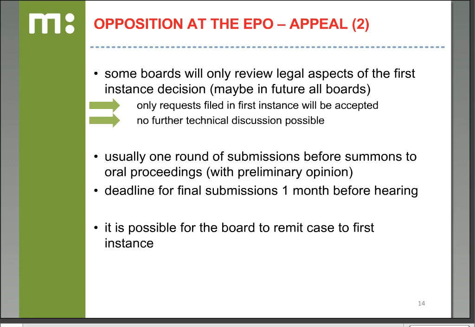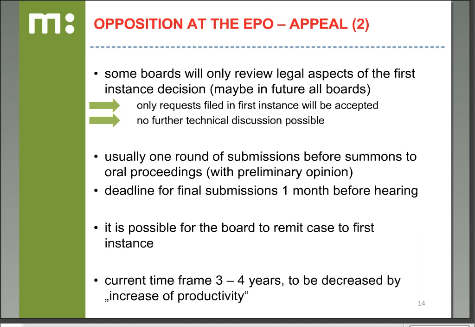So it may happen that there will be a ping-pong play between the opposition division and the Board of Appeals until a final decision is rendered. It depends on which grounds have been raised and which grounds have been discussed by the first instance at the opposition division. The current time frame of appeal proceedings at the EPO is 3 to 4 years. And during the last years, it even grew more because there had been problems with restaffing the Board of Appeals at the European Patent Office.